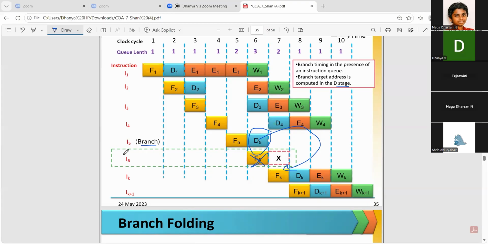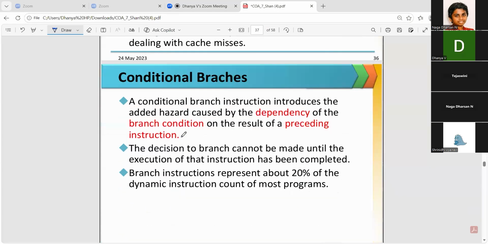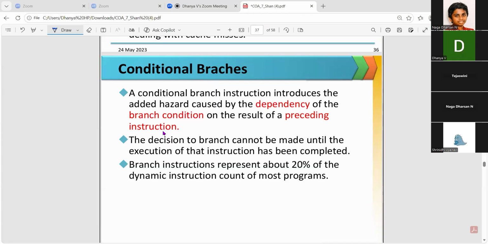At that time you wouldn't have actually fetched the sixth instruction. That is what branch folding is. So at least one instruction is available in the queue other than the branch instruction. Okay, so conditional branches, we have actually seen it earlier, right?